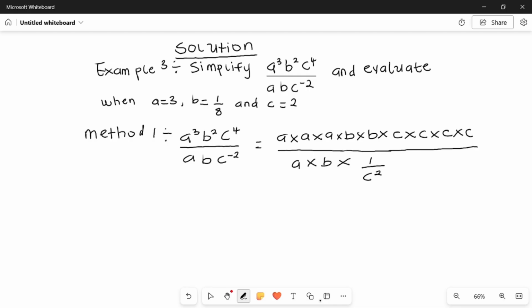But c squared is the same thing as c times c. That's how we got that 1 all over c squared. From here, minus 2, that's 1 over c squared, the same thing as c times c.